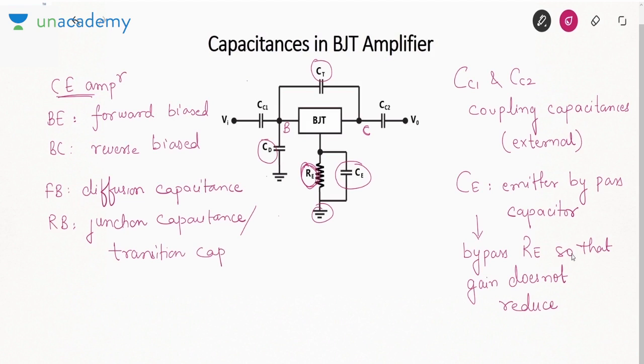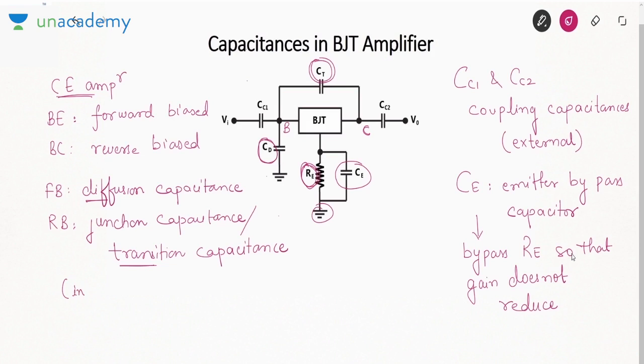So that means the collector base junction is reverse biased, so it will have a transition capacitance, whereas the base emitter junction is forward biased, so it will have diffusion capacitance. So this CD is the capacitance of the base emitter junction, or you can say diffusion capacitance, whereas this CT is the junction or transition capacitance, and that is due to reverse biasing of the collector base junction.